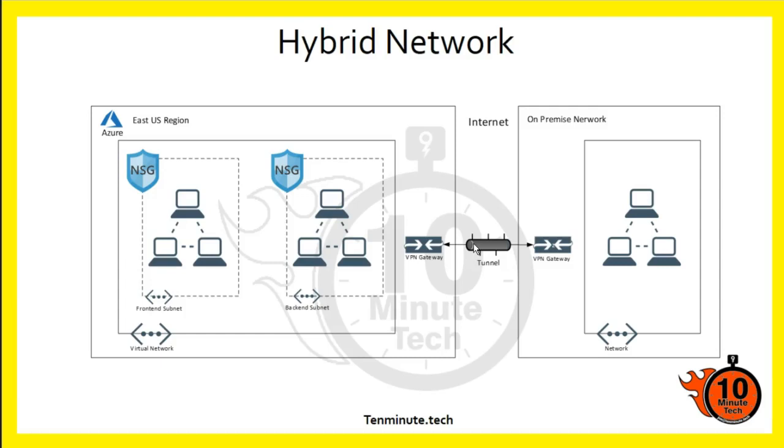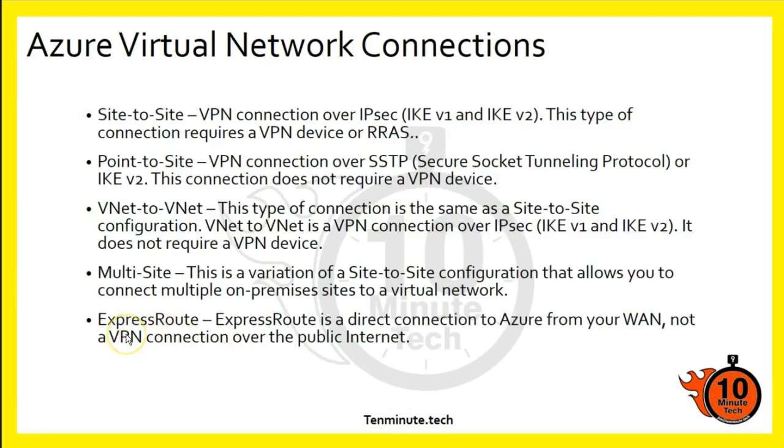The VPN circuit, the VPN or site-to-site in this manner, does not provide you with a lot of guarantee for latency. If you want that, then you're going to want to come back here and take a look at ExpressRoute. An ExpressRoute is a direct connection to Azure from your WAN and not a VPN connection over the public internet. So what this means is that you're going to work with one of your networking partners, and you're going to set up a circuit between the two and work with Microsoft, and they'll help you get that set up.